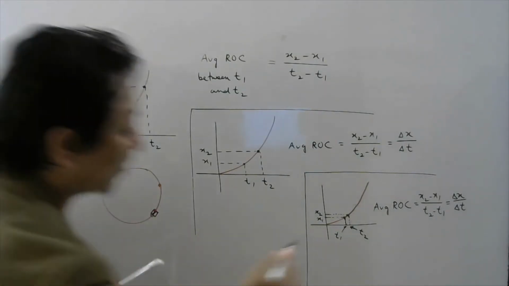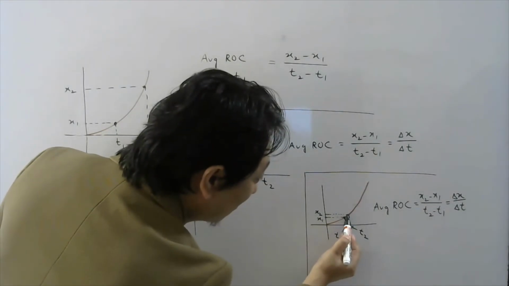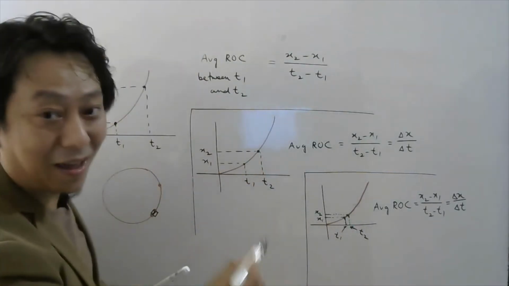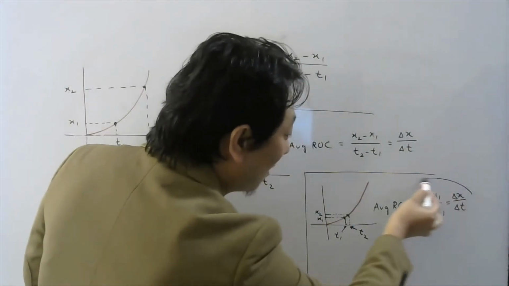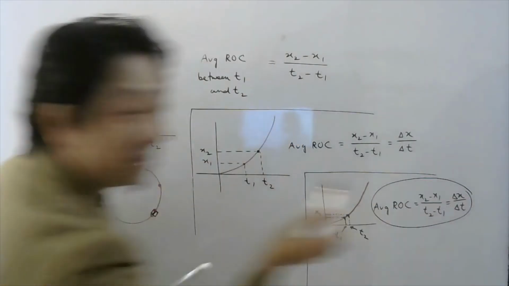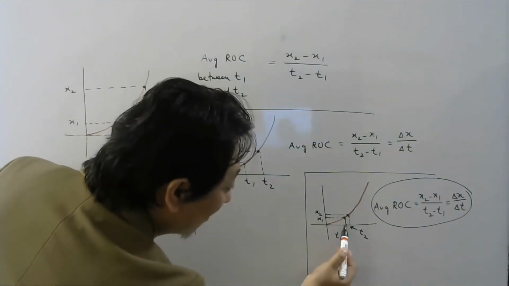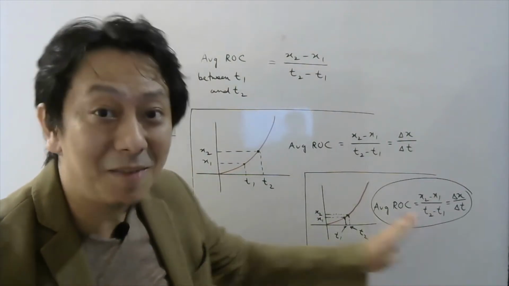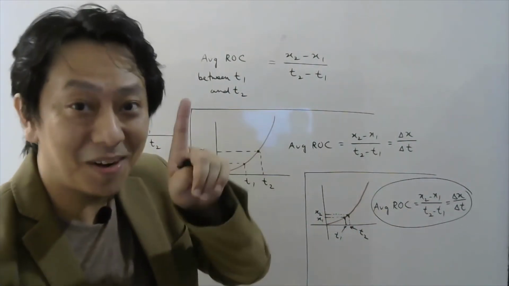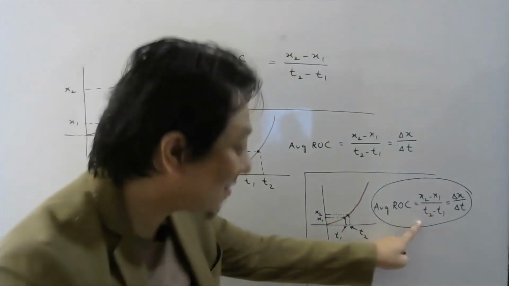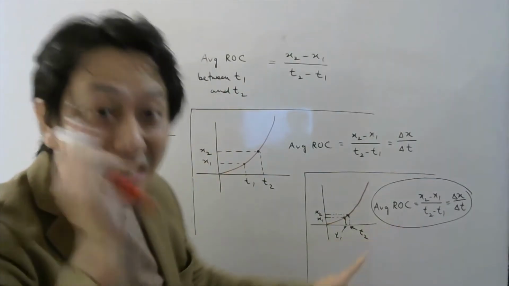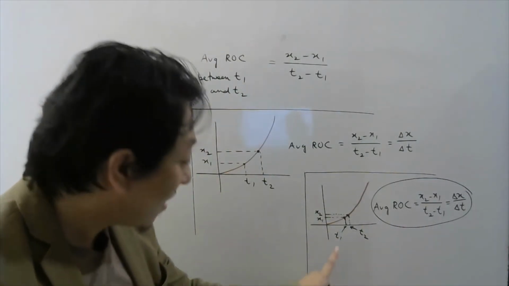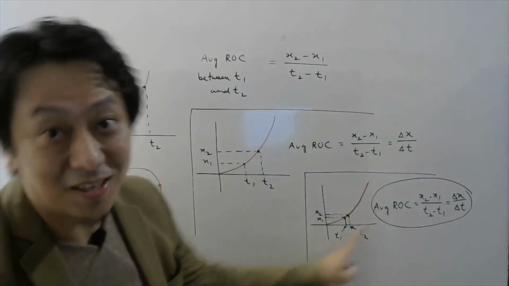So therefore, if I bring this point very close to this point and then I calculate the average rate of change, then in this interval I can assume this ratio will be constant because it is a straight line. And thus this can be considered as the instantaneous rate of change at this instant because it is constant.